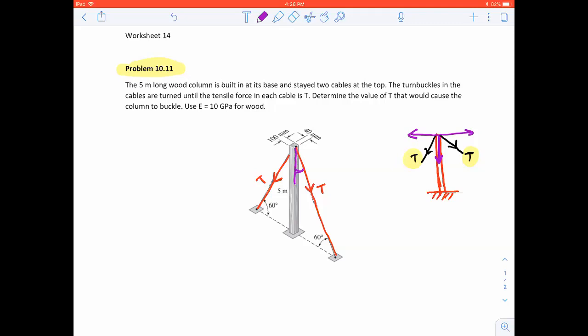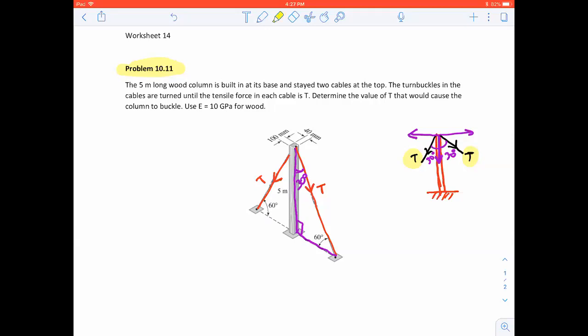You know this length. So this is a triangle, right? This length, the vertical length, is 5 meters. And all we have to do is get the angle. Oh, you don't need it. The angle is given. This is 90 degrees. This is 30 degrees. So I can say this angle is 30 degrees, this angle is 30 degrees.